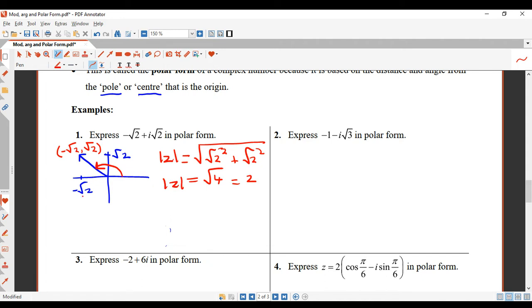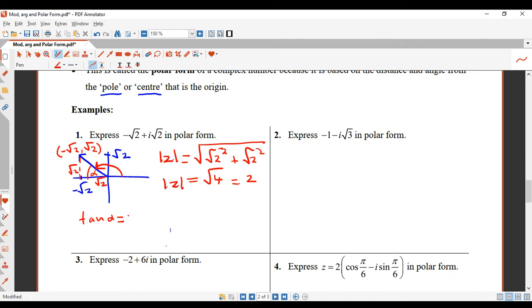Now for the argument, let's have a look at that. One way to figure this out: I can work out the acute angle here. Let's call that alpha. Now, I know alpha is an acute angle, so I could say tan alpha is equal to, if I'm looking just at the acute angle, then I'm just looking at distances. That is root 2 there, and that distance there is root 2 as well.